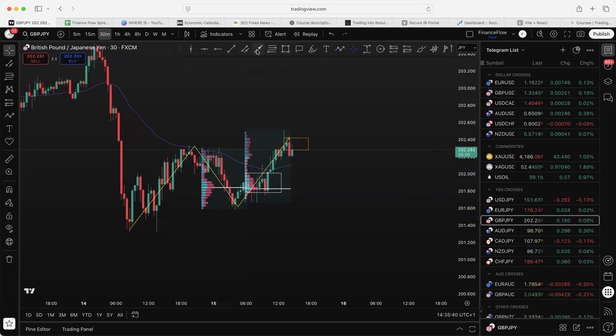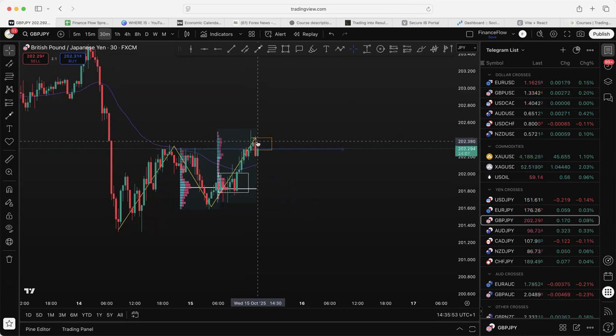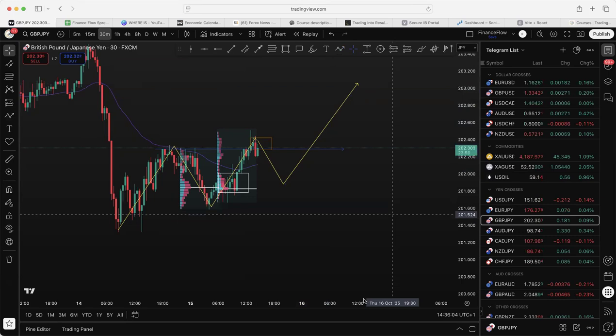What would put me off is this level here. If this held, brilliant, you'd obviously want to continue it. But we've made a new high here, so there would be reason for us to take it back down into this area for a continued move if the trend is going to continue.